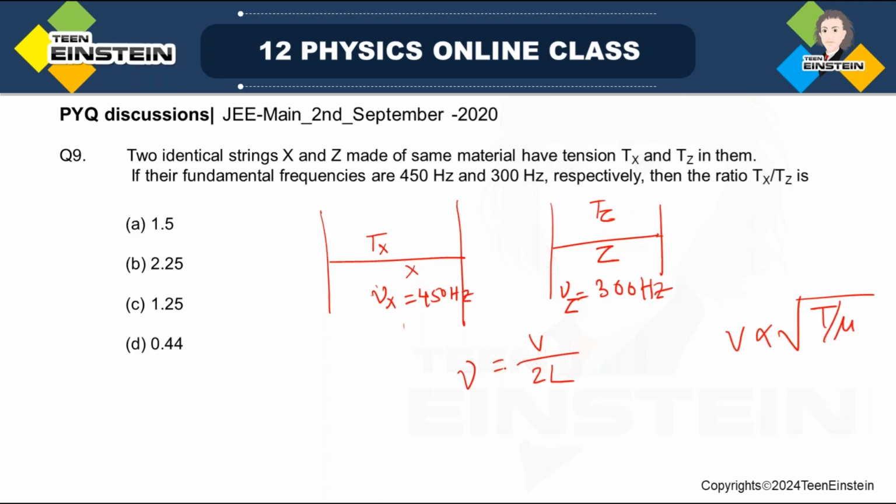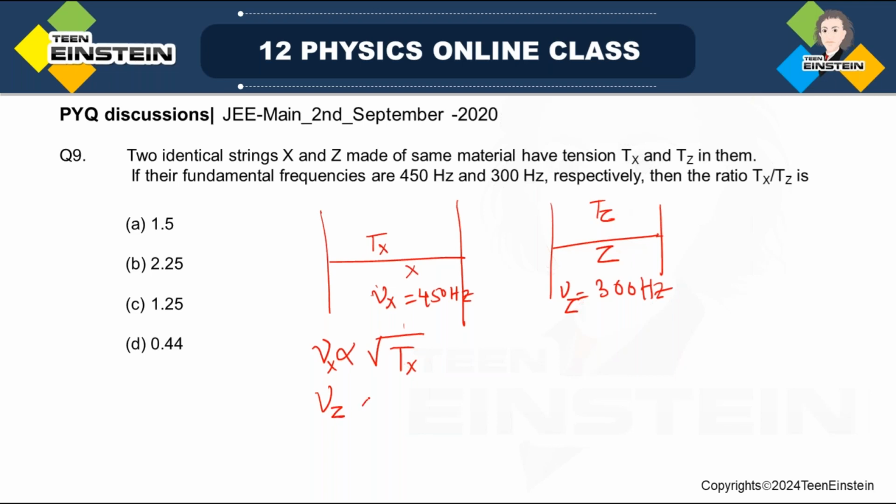So frequency will also be proportional to root T. So from here we have to find out Tx by Tz, and mu x by mu z, because they have a direct relationship.